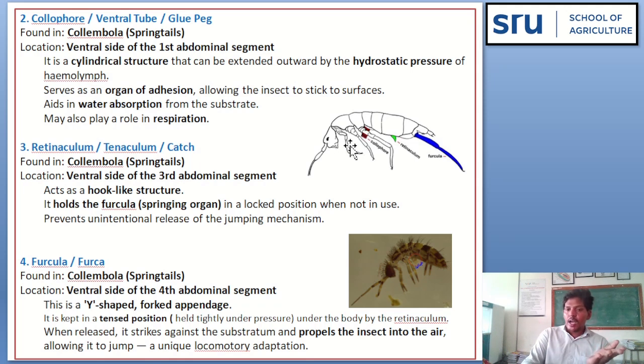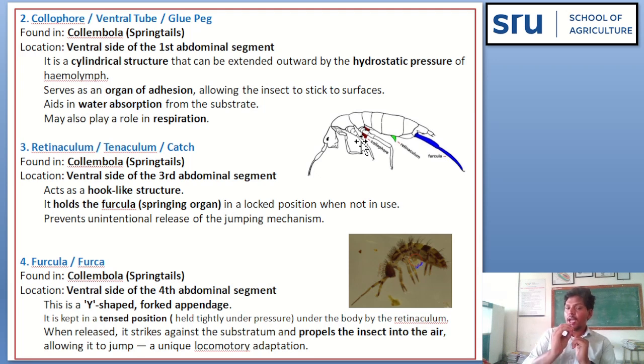It is located on the ventral side of the first abdominal segment. This is the head, this is the thorax, and this is the abdomen. On the ventral side of the first abdominal segment, we can see the colophore. It is a cylindrical structure and it can be produced outward by the hydrostatic pressure of the hemolymph, that is the blood of the insects.